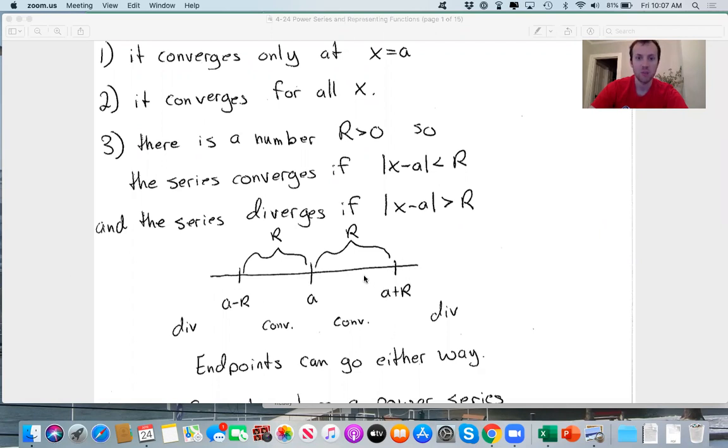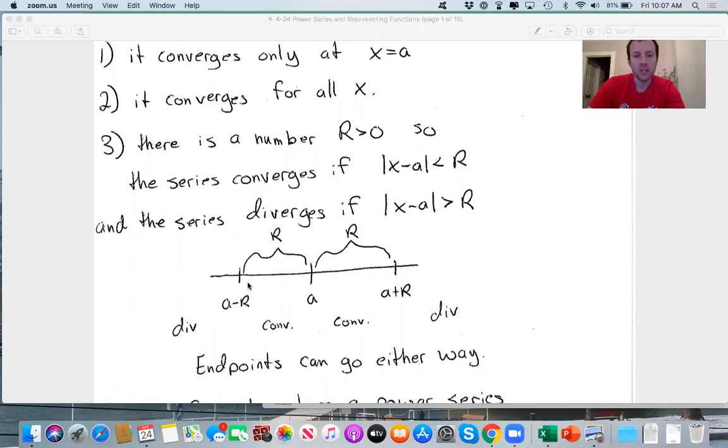So if you're in here, the absolute value of x minus a is less than r, so you are closer than r to the point a, or you're within r units of a, is the kind of distance reading of this absolute value inequality. So if you're within r units of a, you're going to converge. If you are more than r units away, you're going to diverge.